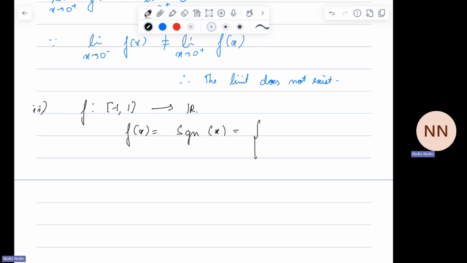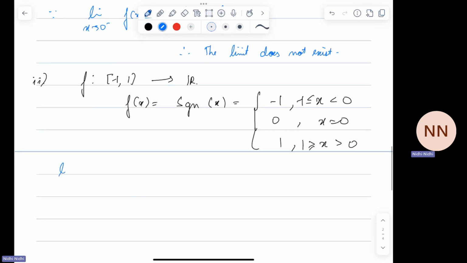We all know that this function is equal to -1 for x from -1 to 0, it is equal to 0 for x equals to 0, and 1 for x strictly greater than 0. Here also one can see that limit x tending to 0 minus f(x) will be -1, and limit x tending to 0 plus f(x) will be 1.